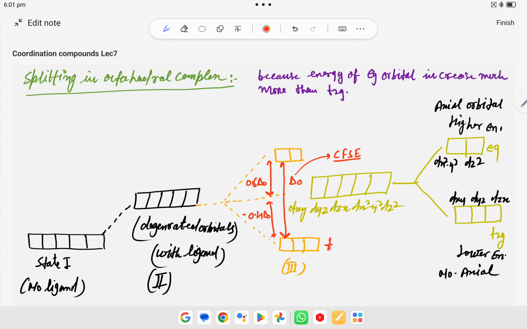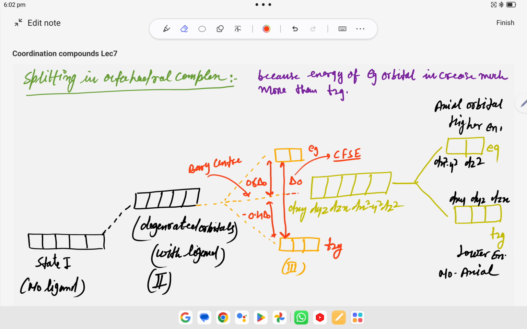This is your T2G, this is your EG. This line is called the barycenter. What is it called? Barycenter.